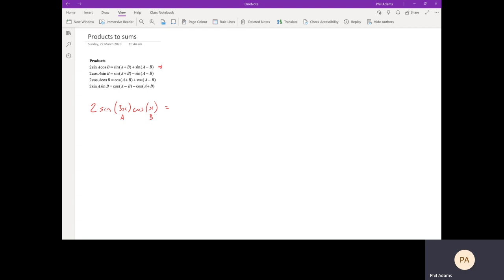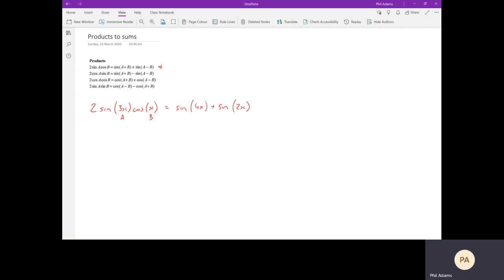So it's going to be sine of the sum of those two, so 3x plus x, which is 4x, plus sine of the difference, which is 3x minus x, which is 2x. Fairly straightforward, just straight substitution.